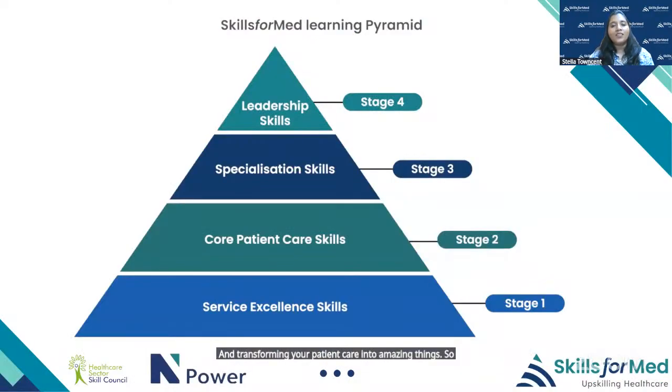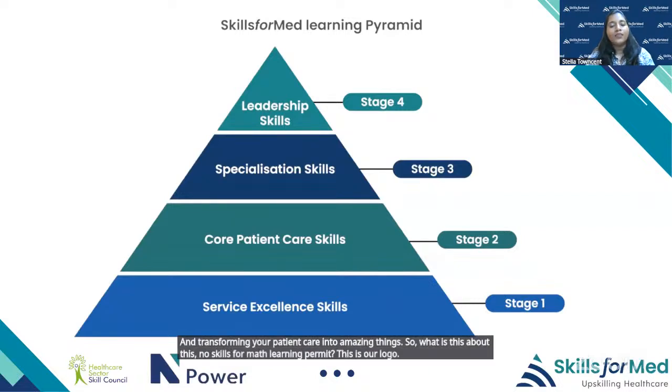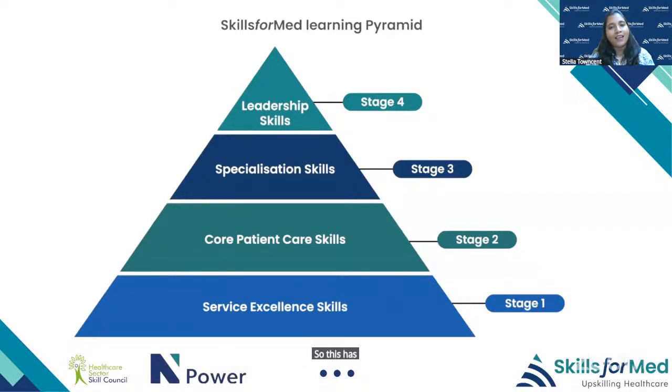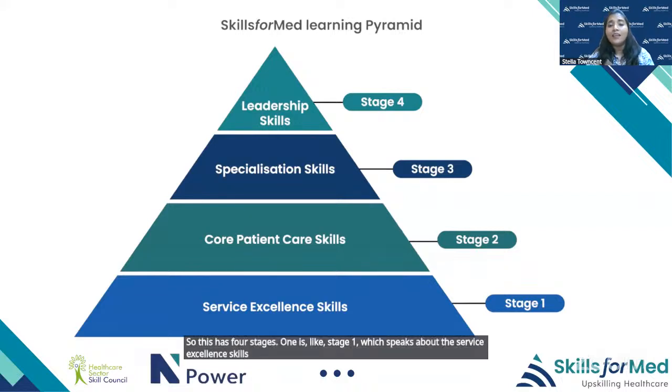So what is this Skills for Med learning pyramid? This is our logo, and it has 4 stages. Stage 1 speaks about service excellence skills. When an individual joins the hospital, certain qualities are expected from the healthcare team, for example professionalism, communication, and infection prevention basics to start up in a healthcare setting.